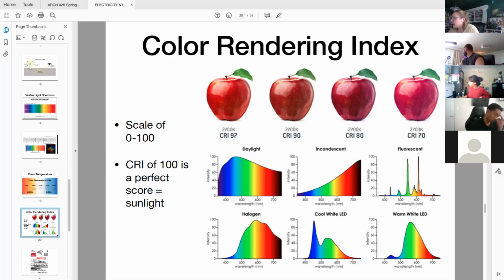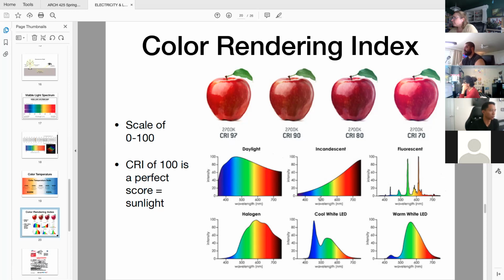Trying to simulate daylight, it's a fairly nice, even distribution across the color spectrum. But compare that to a fluorescent light bulb where the visible light spectrum is completely not there. You're getting a lot of green and orange. That's probably number one reason why people hate fluorescent lights.